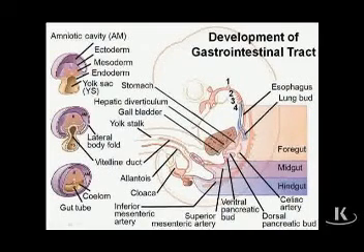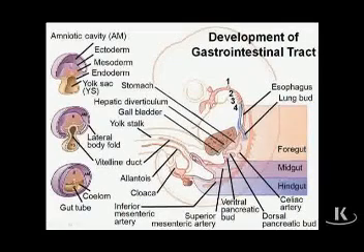There'll be this defect in the ventral wall, which is the remnants of the umbilical stalk, containing loops of bowel. So omphalocele is a developmental defect resulting from a failure of the intestinal loop to retract from the umbilical cord.